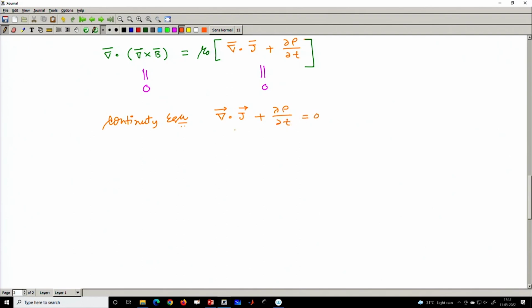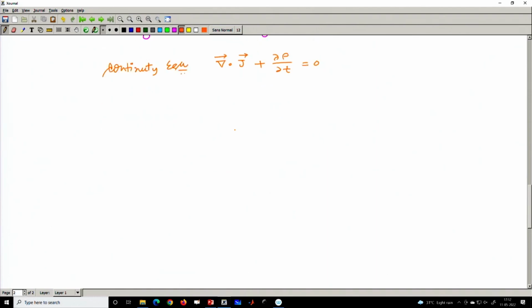That is the continuity equation, and it is there. So, that means a change of electric field induces a magnetic field. That is the physical outcome we are having.